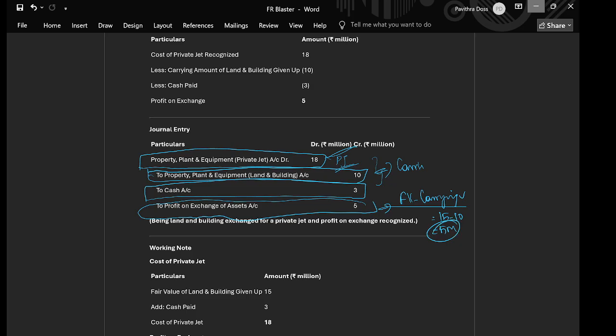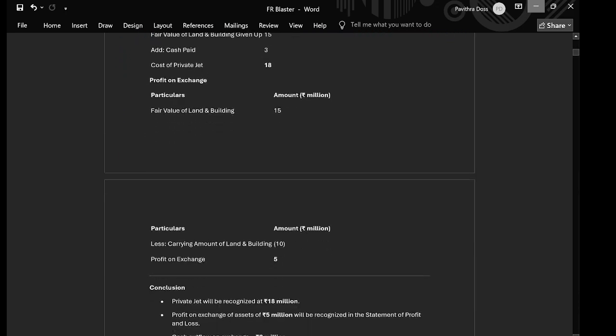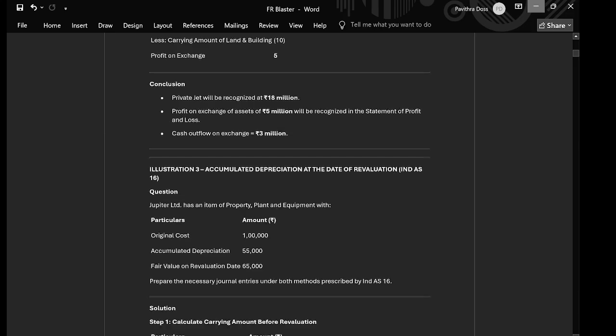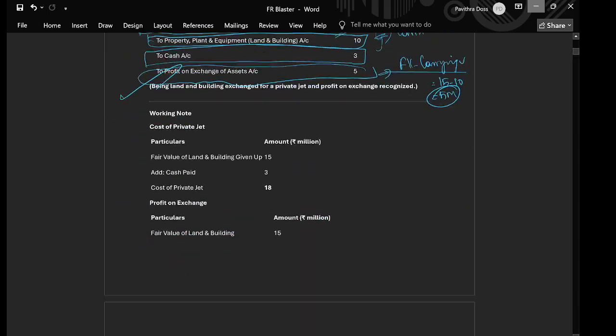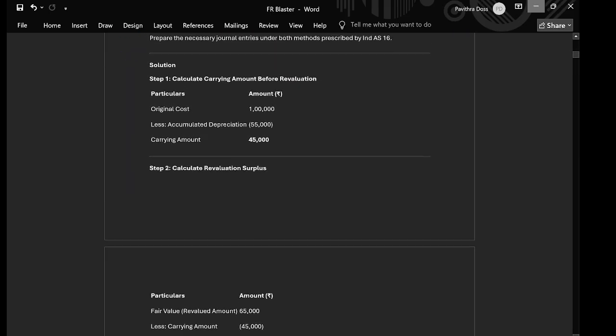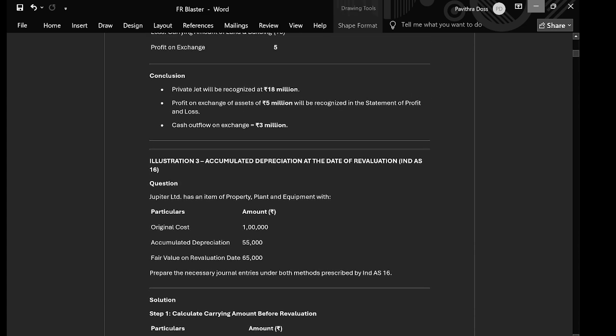So this difference is what we are having here as the profit on exchange. I hope this point is crystal clear. That is the main crux of question number 2. Question number 2 done and dusted. Moving on to the next one, question number 3.